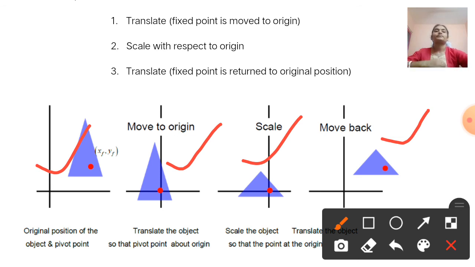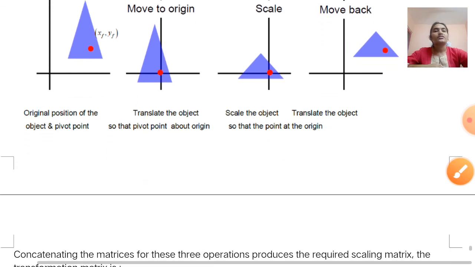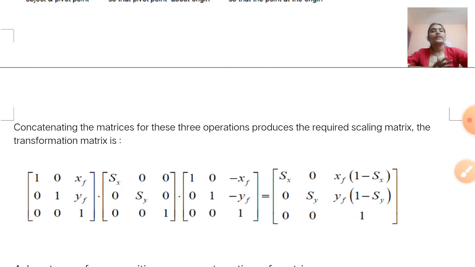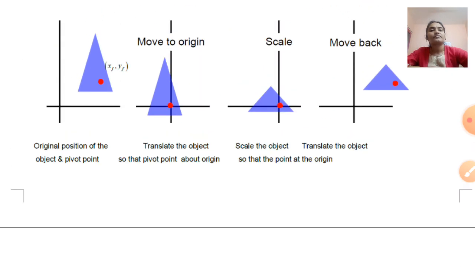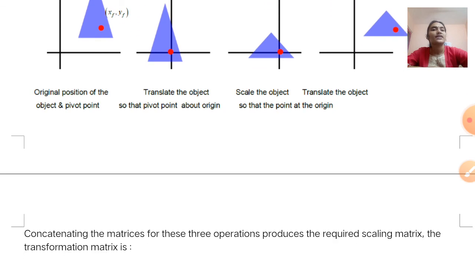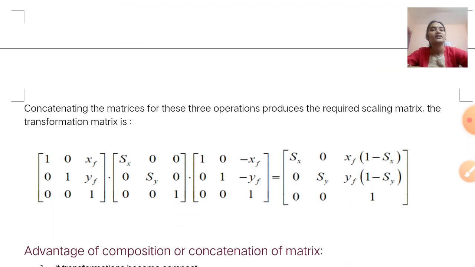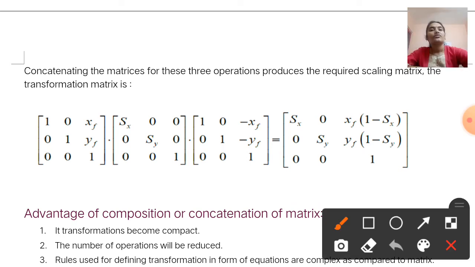Okay. So for this also, concatenating the matrices for these three operations produces the required scaling matrix. The first step is translate, then scaling, then reverse translate.